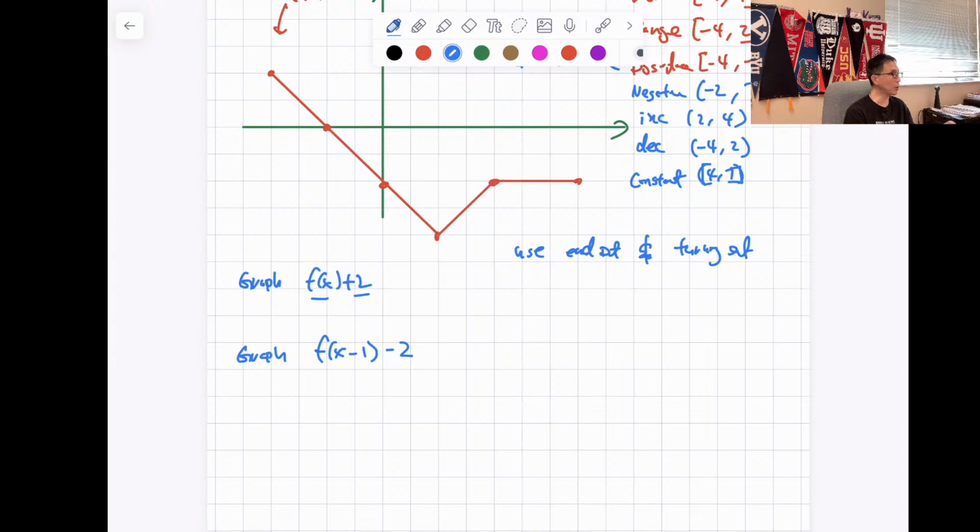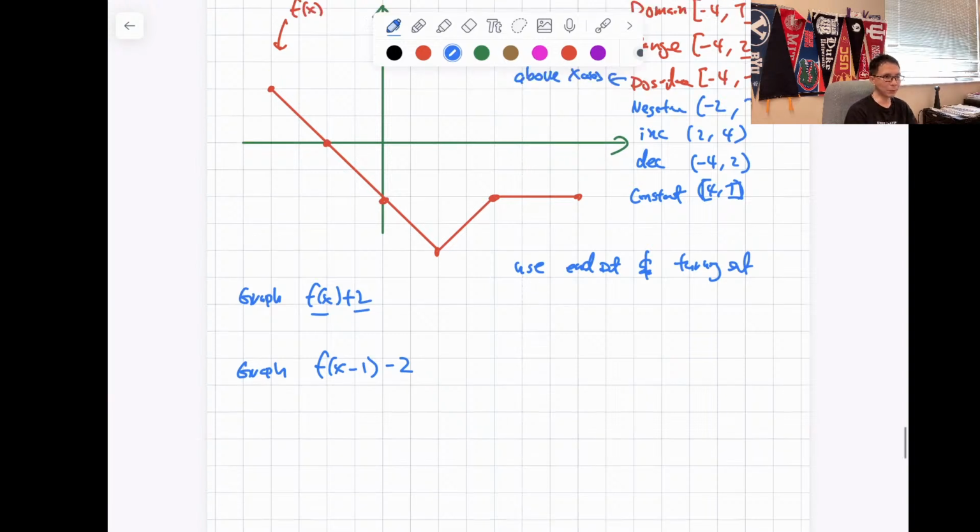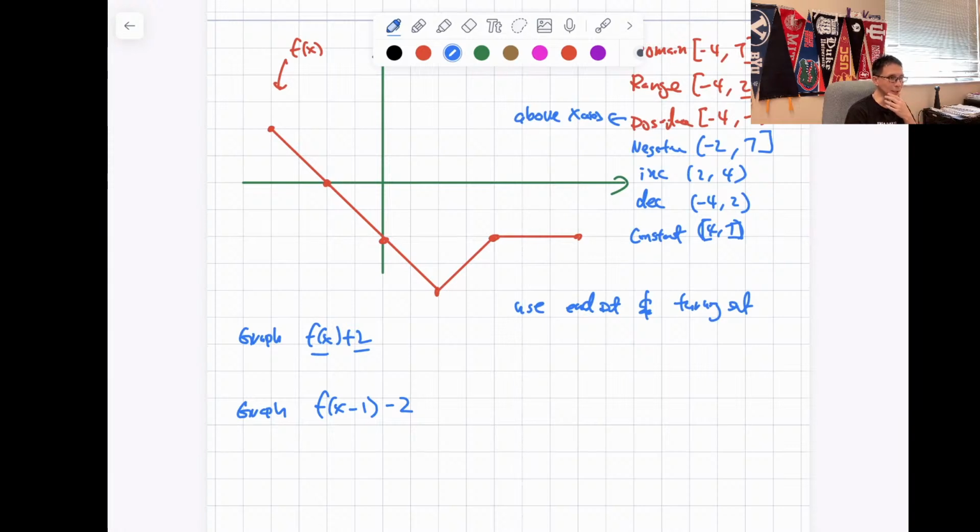Do they tell you go up or go down? Do they tell you go left or go right? And how many units of each one? So I want you to try to graph f of x minus 1 minus 2. I'm going to put all of them in the same graph, but with different color codes.